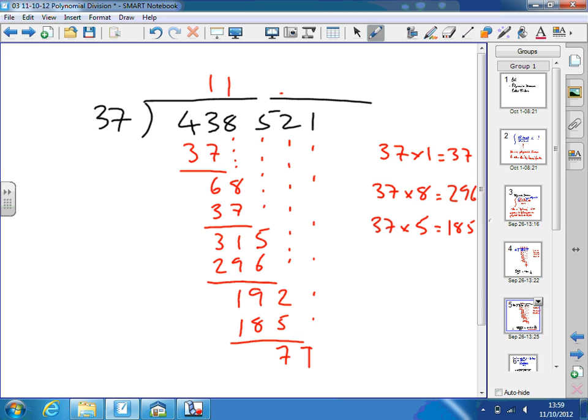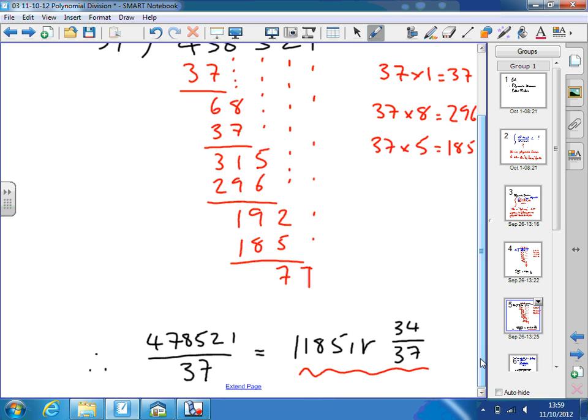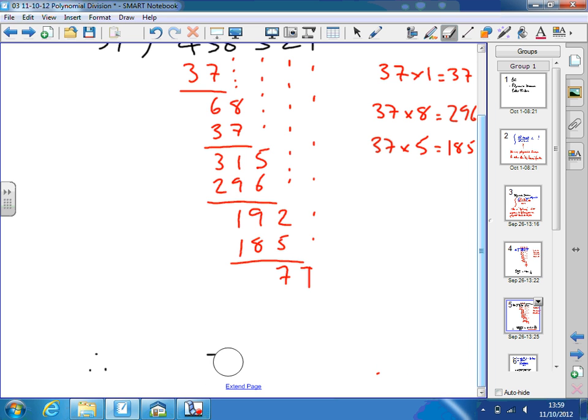37 into 71. Once. Remainder 34. So what is 1 times 37? 37. Oh, look, I was doing this with someone else earlier. Reveal the answer is 37. Remainder, 71 take away 37, 34.